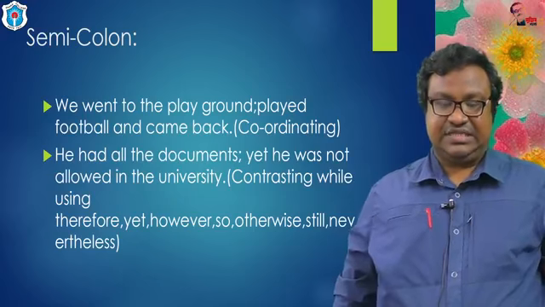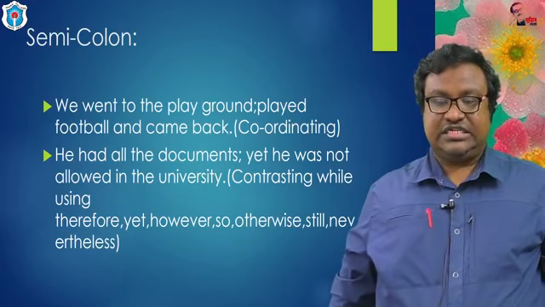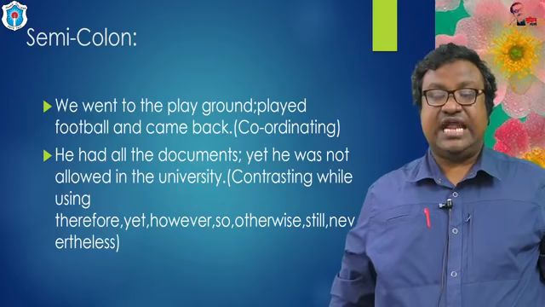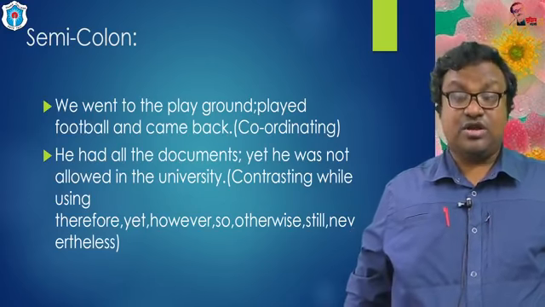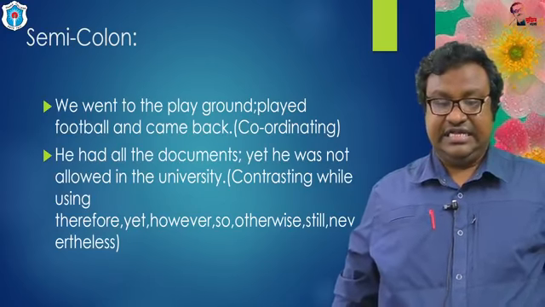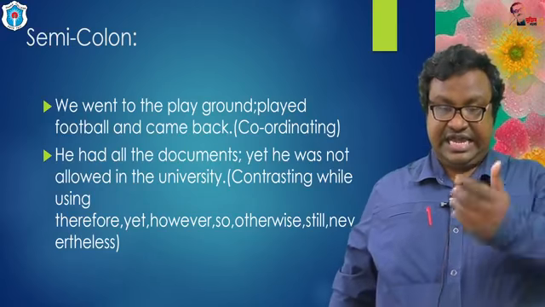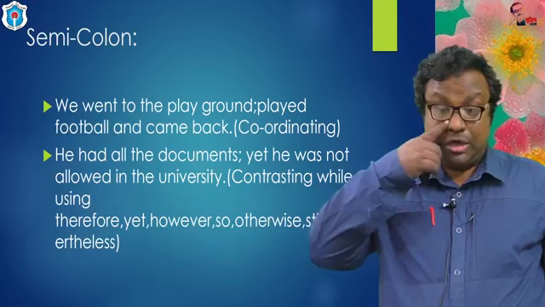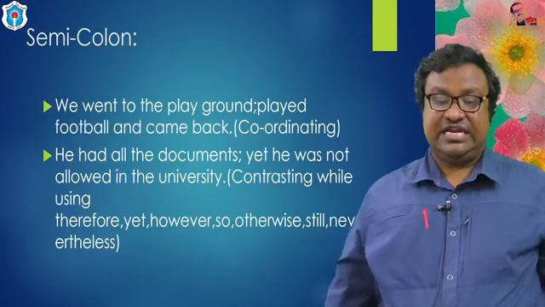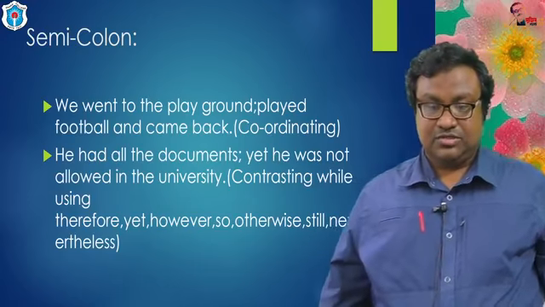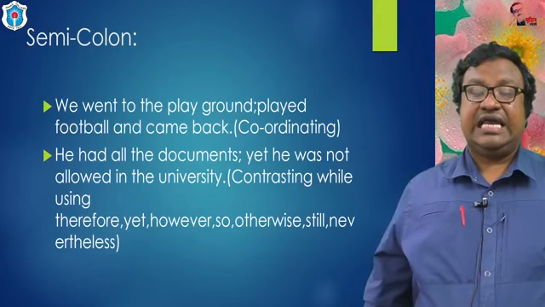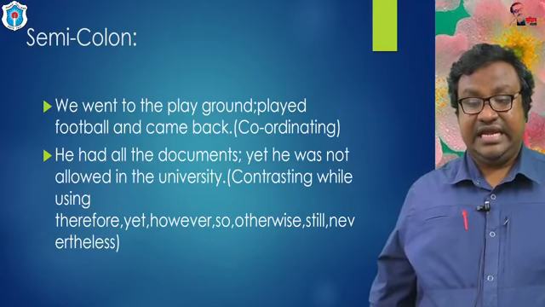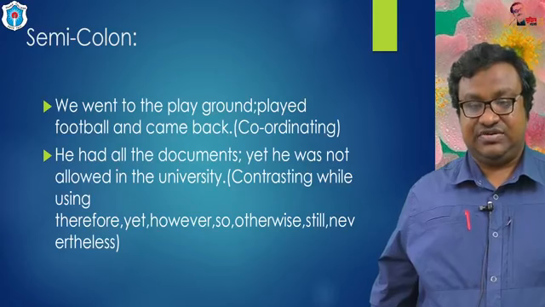The second example is: He had all the documents, yet he was not allowed in the university. Contrasting, while using words like therefore, yet, however, otherwise, still, nevertheless. So it will be like: He had all the documents; yet he was not allowed in the university.